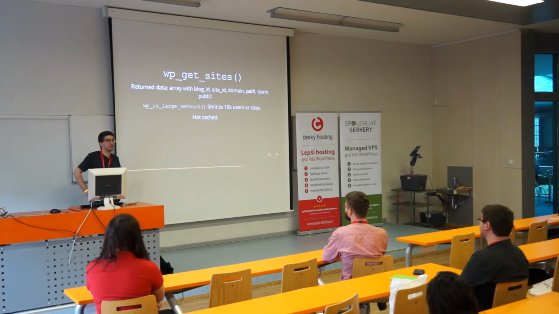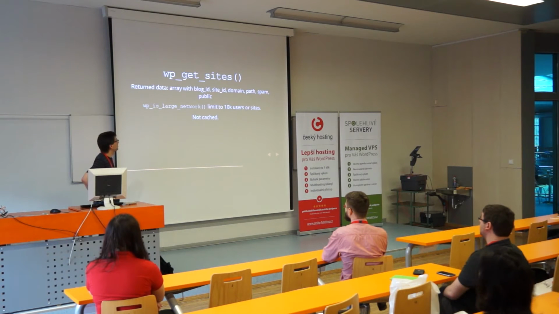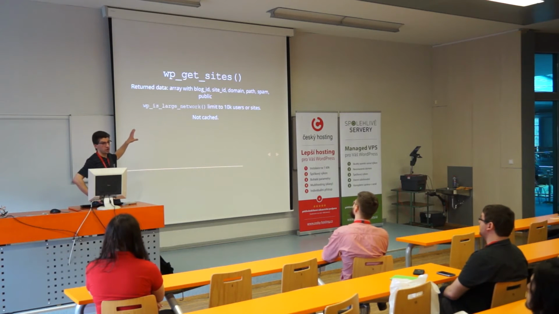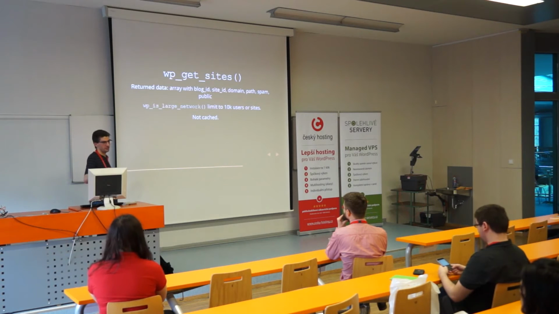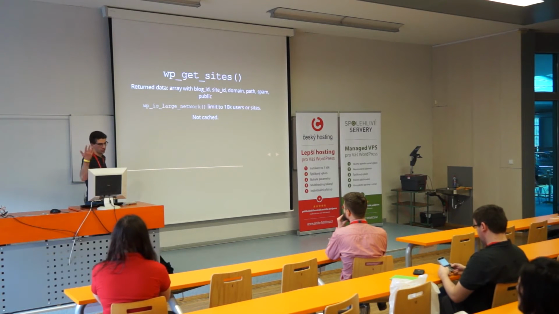Getting information about the network, the most important function is wp_get_sites. Here we use sites, not blogs. It returns data with blog_id, meaning sites, and site_id, meaning network. This is the terminology.